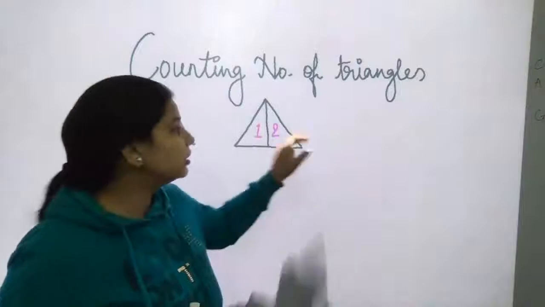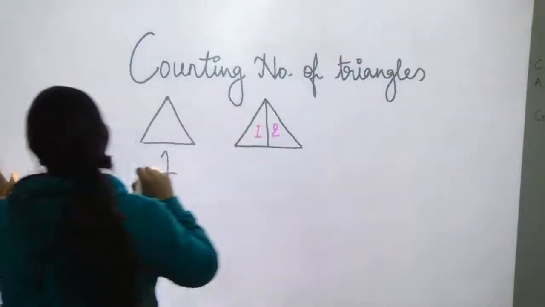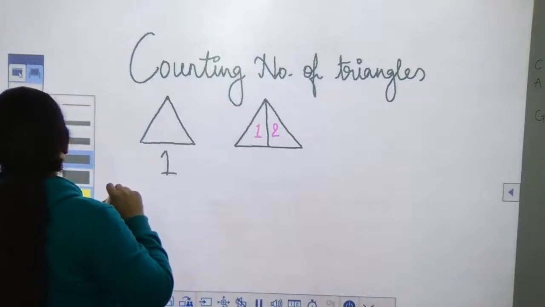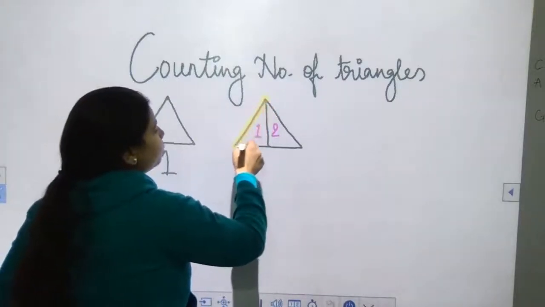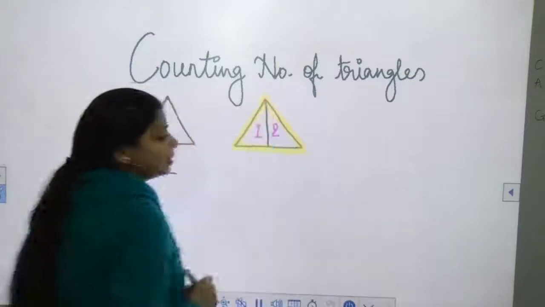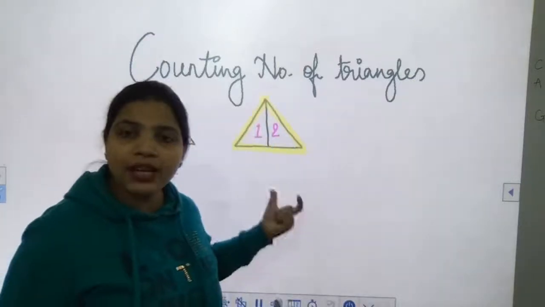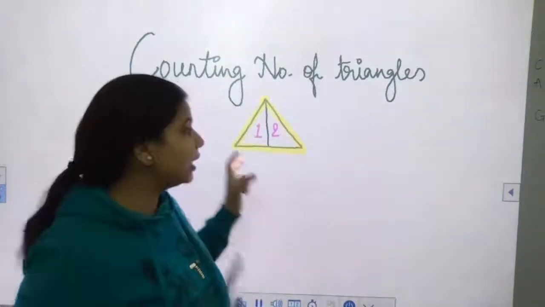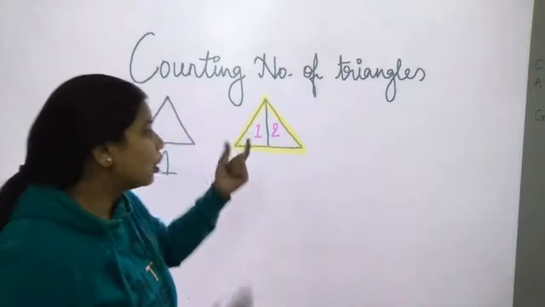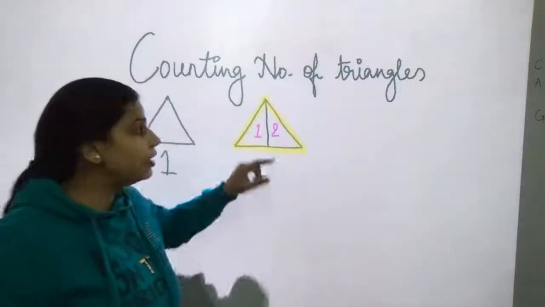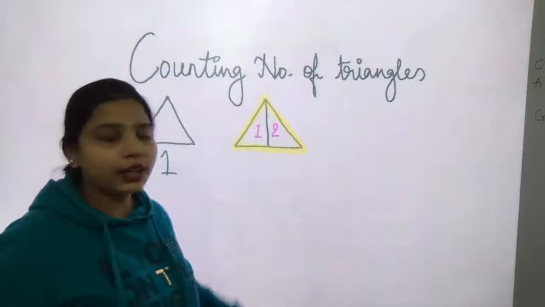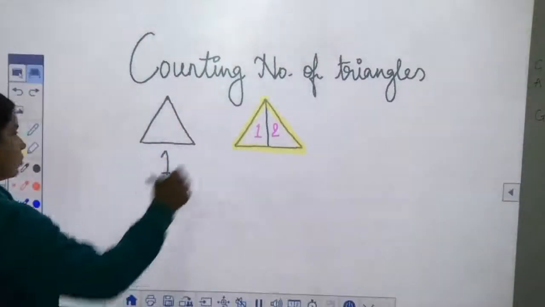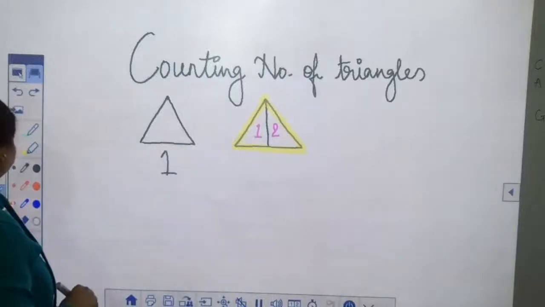This is the first triangle, this is the second triangle, and the outer one is the third triangle. That means this shape contains 3 triangles rather than 2. We can see 2, but it contains 3 triangles. 2 triangles are inside and another one is the big triangle in which these 2 triangles are aligned.